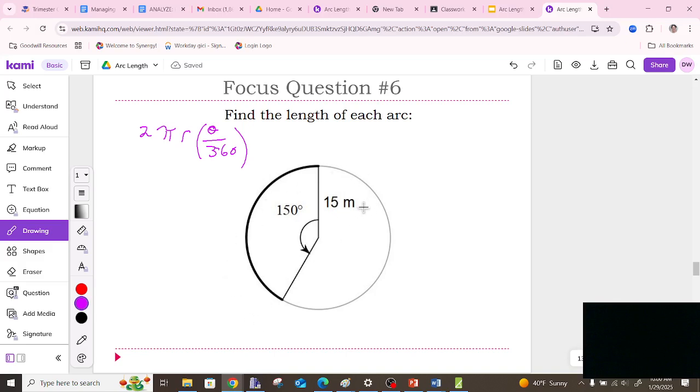And notice that it's in meters, right? So, what is the radius? 15. What is the central angle that they're calling theta? That is the central angle to this arc.